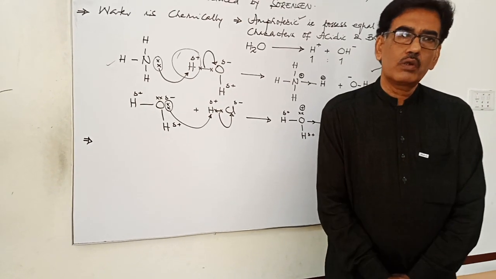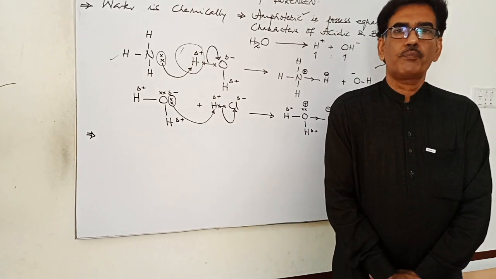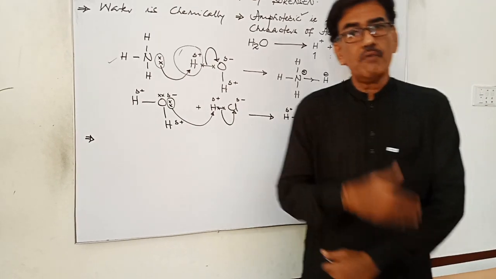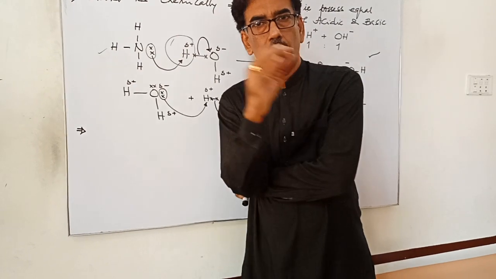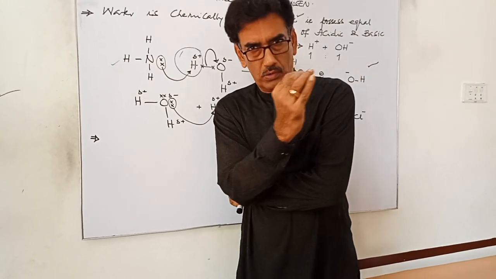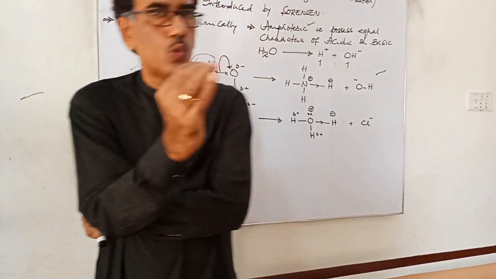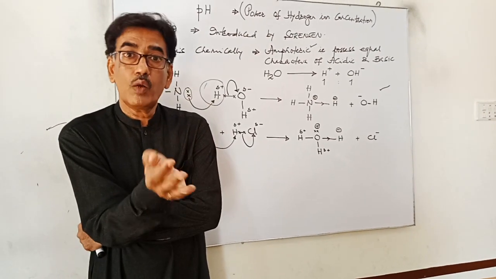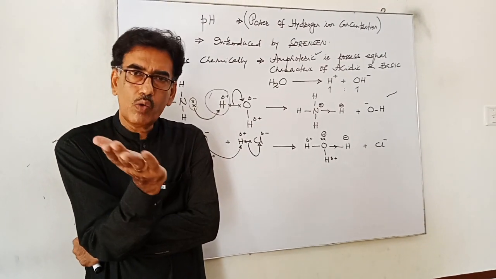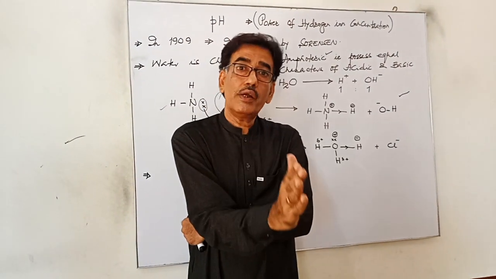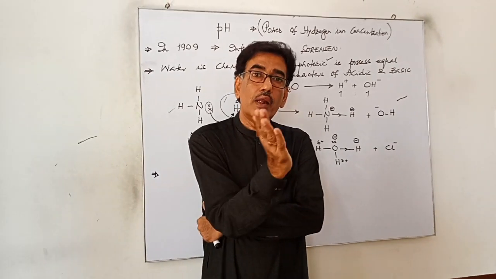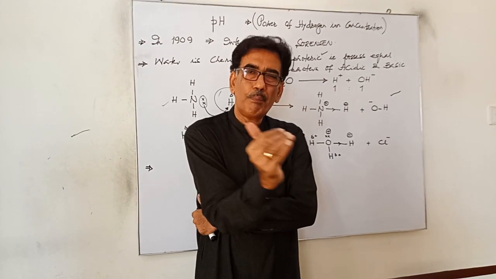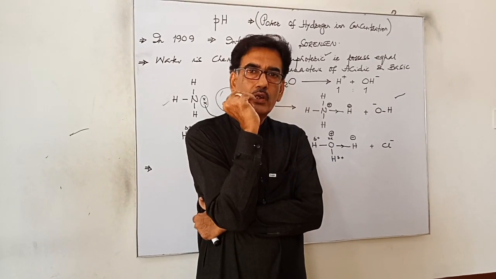As we know, water is a weak electrolyte. Water is a weak electrolyte, meaning water can conduct current. When a current is passed through water, yes, it can hold that current. Now the reason behind that: how can water help the passage of electricity?